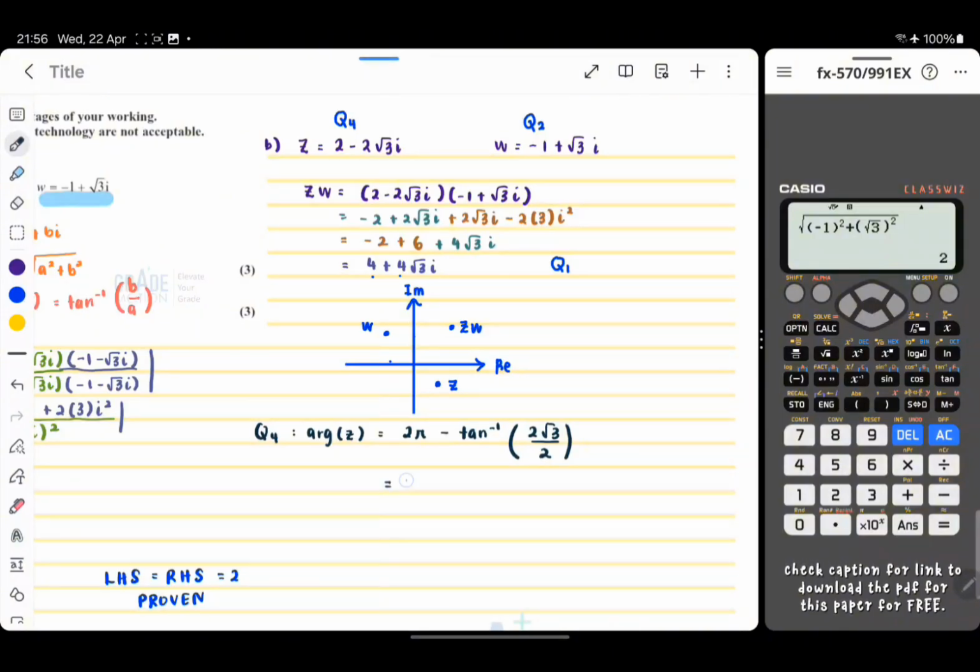So this would be 2 pi minus, okay, my calculator is already in radian mode. So shift tangent, 2 root 3 over 2. So this is equal to pi over 3. So 2 pi minus the answer. That would be 5 over 3 pi.